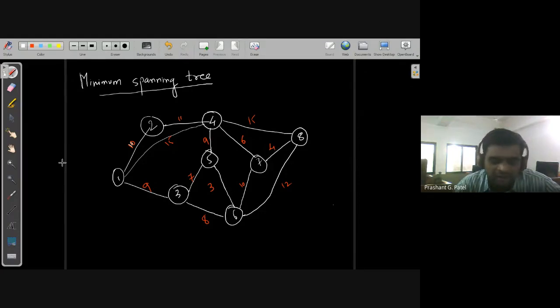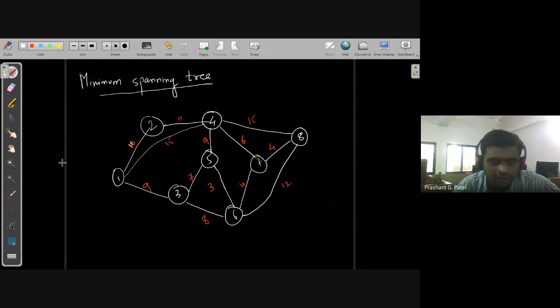And it summarizes the distance network of a locality, and the number on each edge represents the distance between the nodes connected by the edge. So what is the objective of a minimum spanning tree problem? For example, a graph or a network is given, and we need to calculate the minimum spanning tree in it.